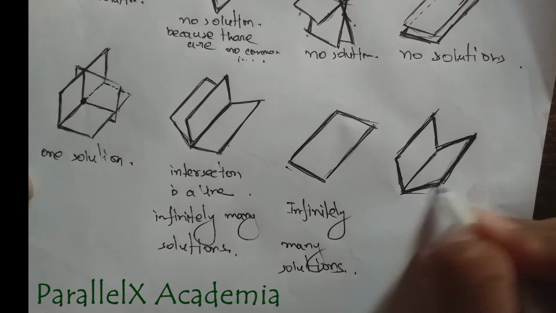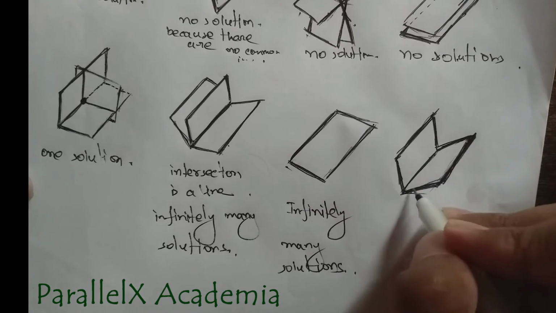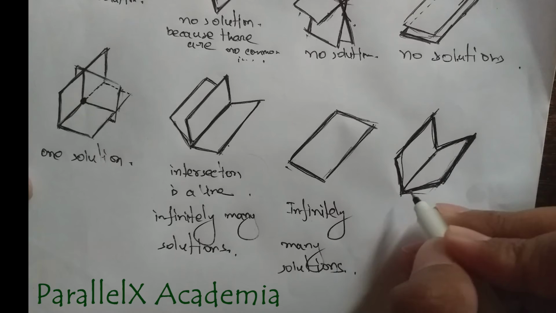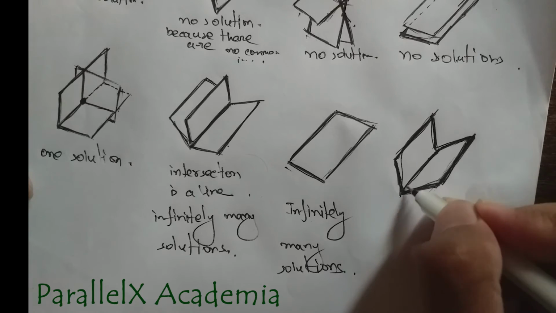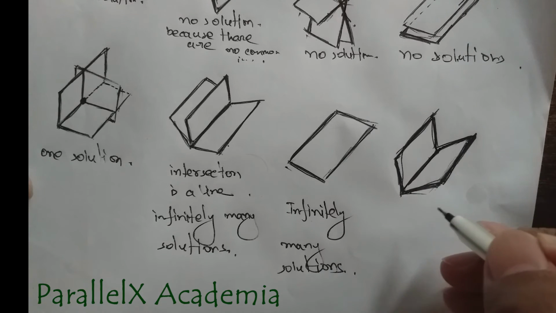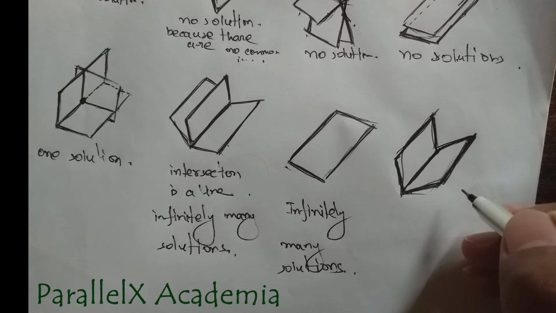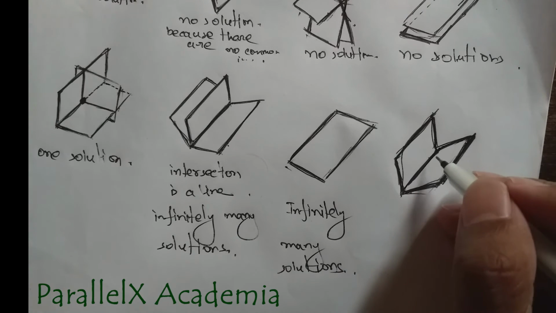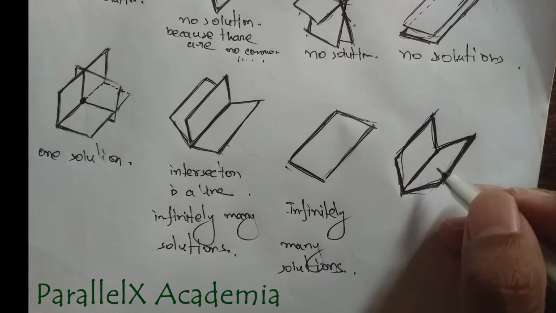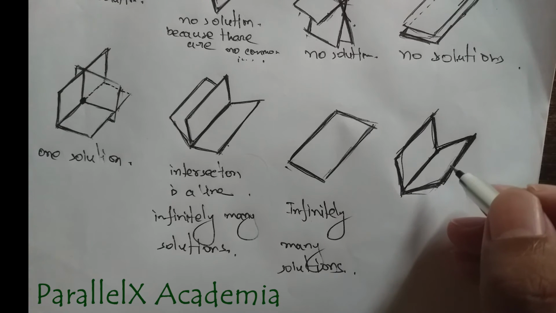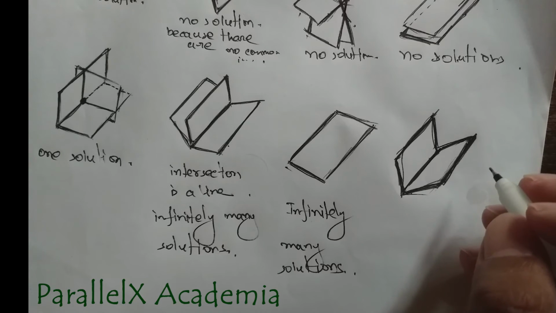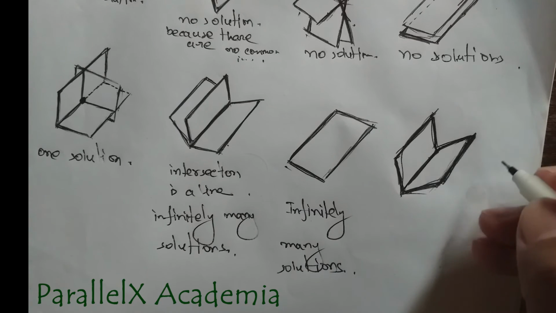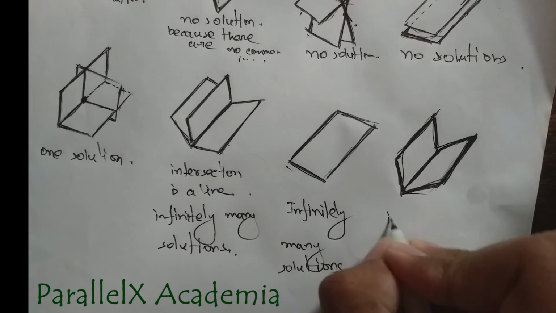Suppose two planes are coincident to one another, and another plane is perpendicular, and they have intersected, and that intersection gave a line. So it has infinitely many solutions.